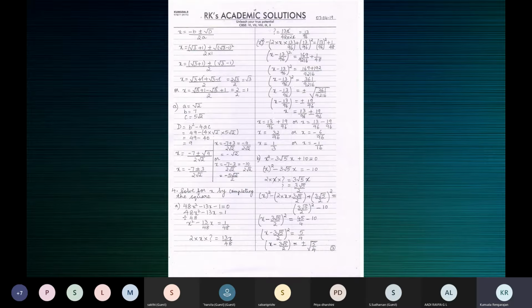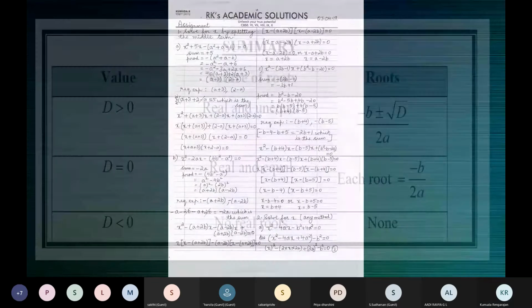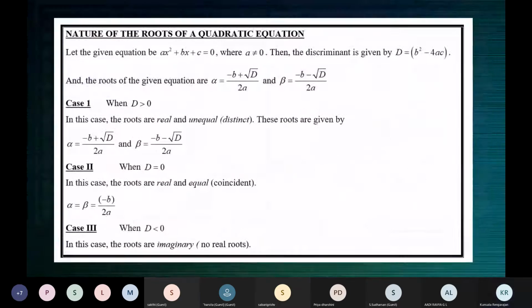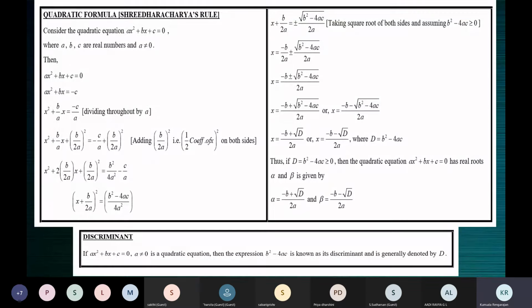How is the quadratic formula derived? We'll see that. Am I clear, children? Yes, ma'am. Okay. So before we solve a quadratic equation by using the quadratic formula, we should understand how the quadratic formula is derived.